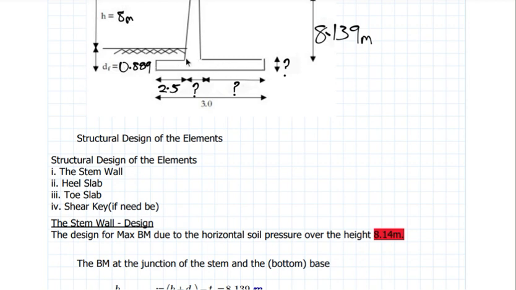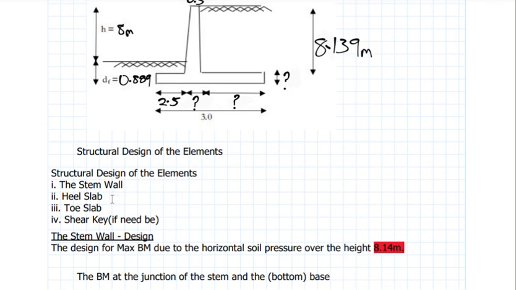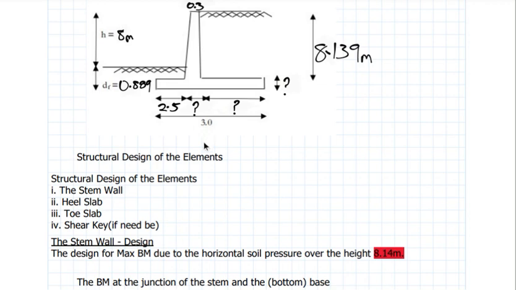So it tends to shift this towards this side. So to resist that, we need the shear key. Though the friction of the soil itself can resist it, if the friction is not enough, we introduce the shear key, that would project from just maybe below this, or maybe even towards this side.